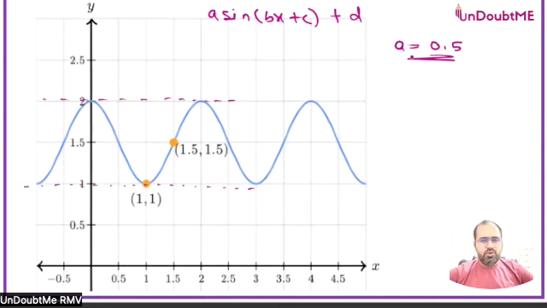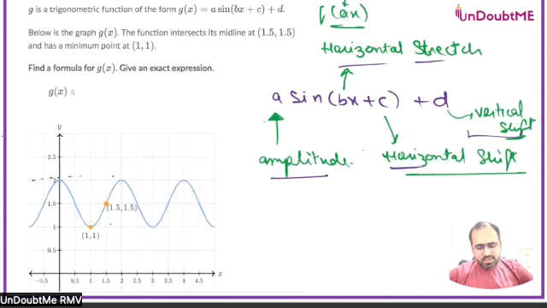Is this clear to both of you? Yeah. Yes, sir. Now, in the question itself, it was given that the function intersects its midline at 1.5, 1.5. What is the meaning of midline?